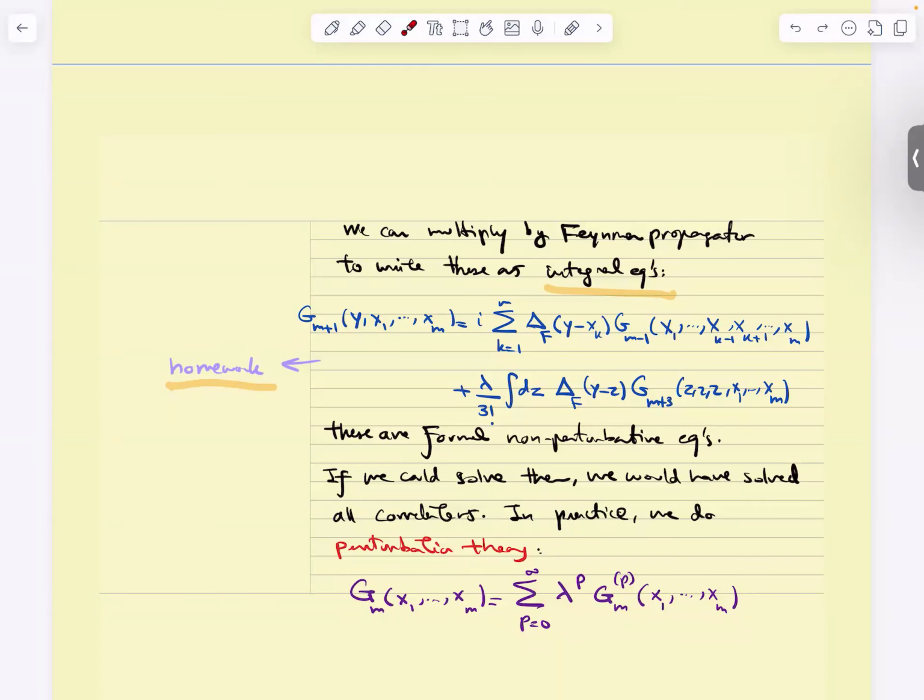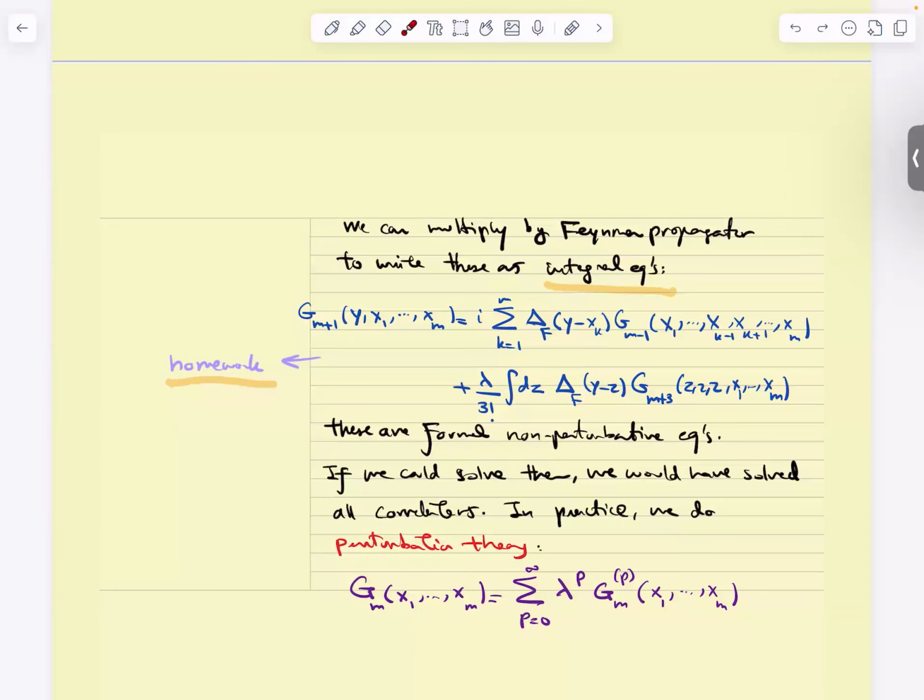You reconstruct the Hilbert space from this. That's the other approach to quantum field theory we've not talked about. You start with a bunch of correlators, and you construct the Hilbert space and everything from that. Good. What is neat about the Schwinger-Dyson equation is that it makes that very explicit.